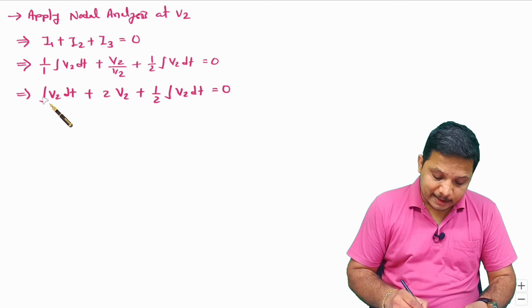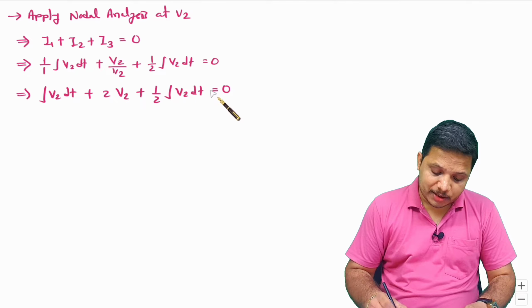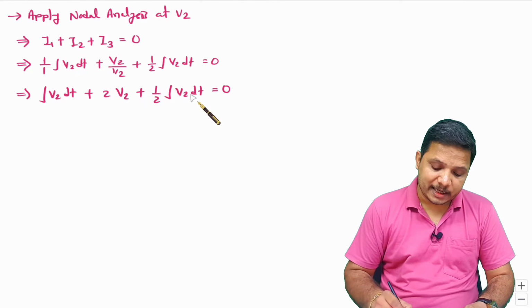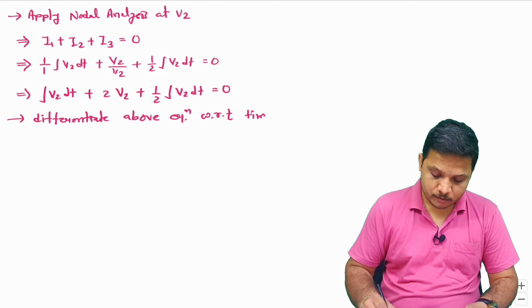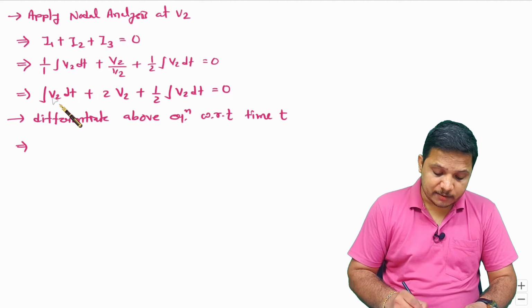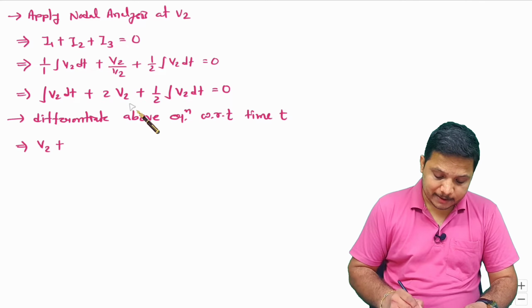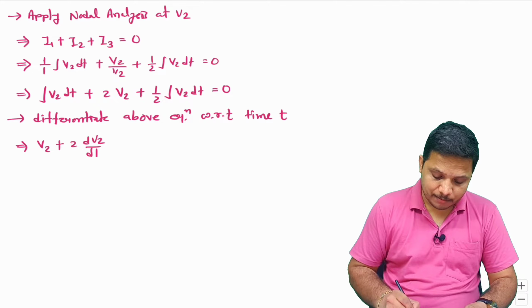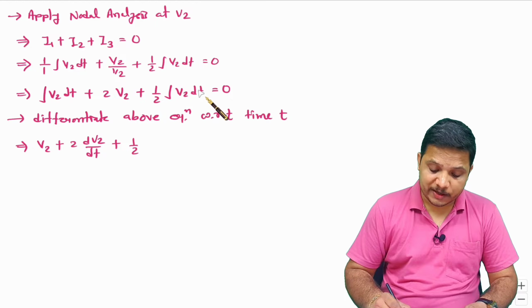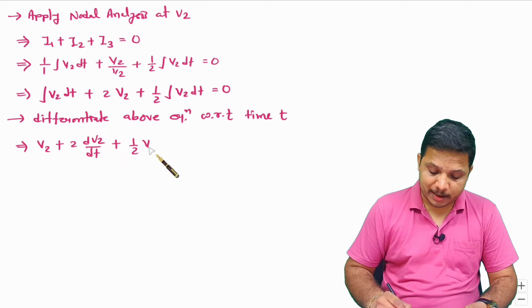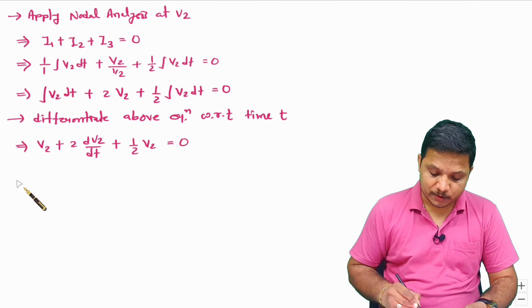So let us differentiate this equation so that we can eliminate this integration terms. So if you differentiate this with respect to time, this will be V2 only plus, now you see 2 into dV2 by dt plus half of differentiation of this, that will be V2 only, and that is equals to 0.